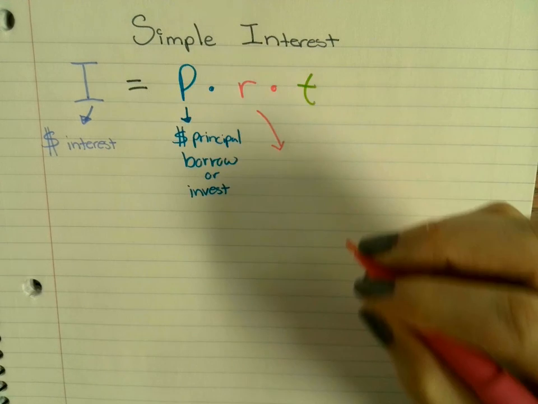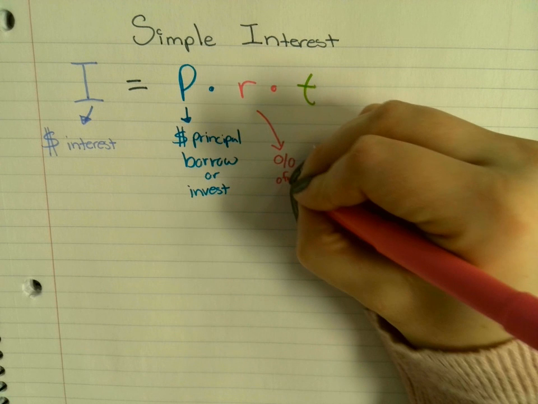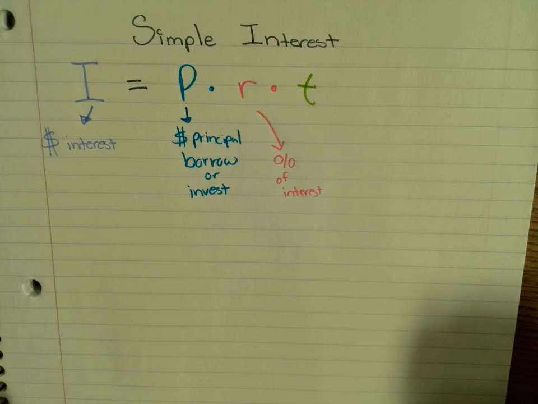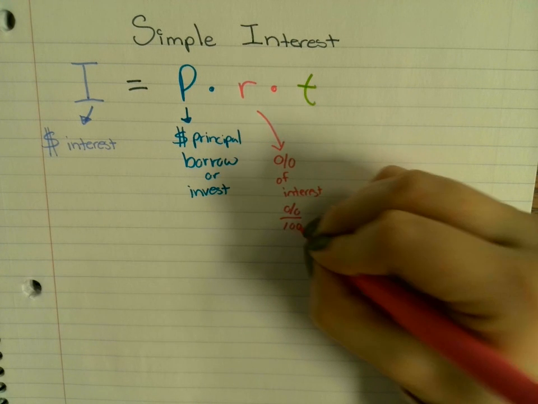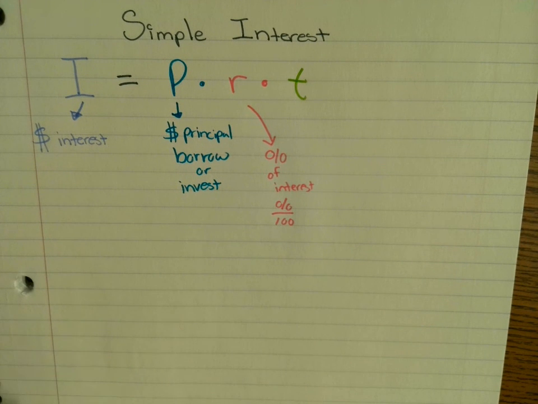R represents your percent of interest, and when we set it up, as always, it's percent over 100.